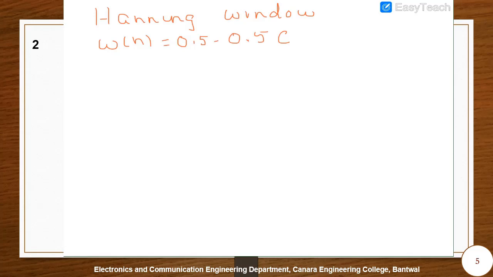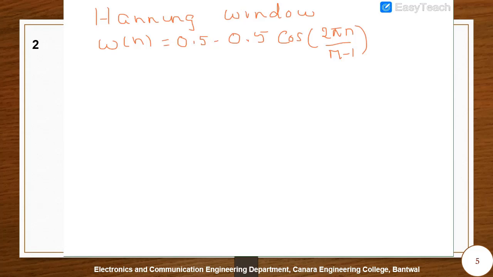Using these two, we have to form a table, and it is given as Hamming window, and the expression for Hamming window is given by w of n is equal to 0.5 minus 0.5 cosine 2 pi n divided by m minus 1.